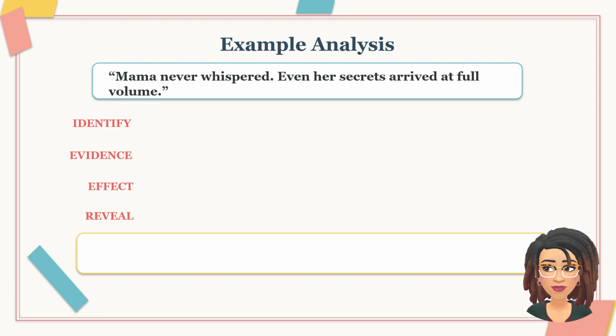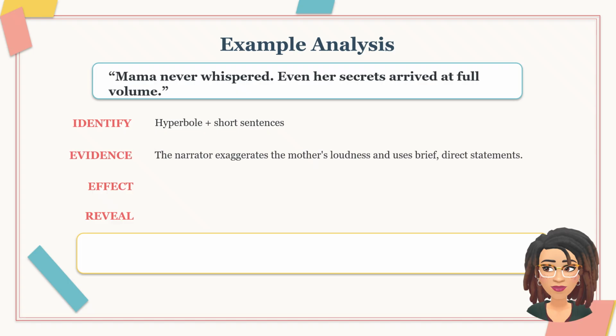Let's identify. I see hyperbole and short sentence structure. Evidence: the narrator exaggerates the mother's loudness and uses brief, direct statements. The effect: the description makes the mother vivid and humorous.